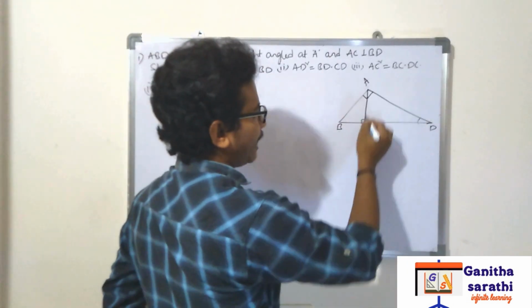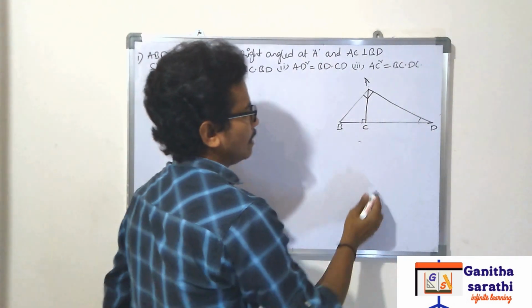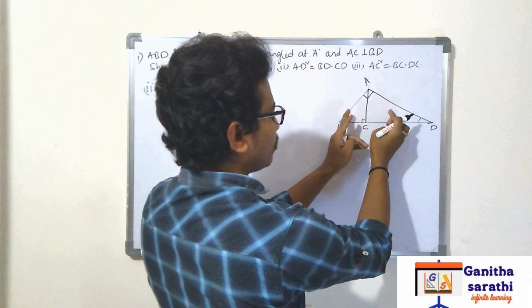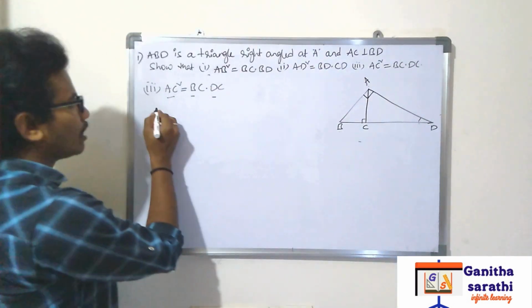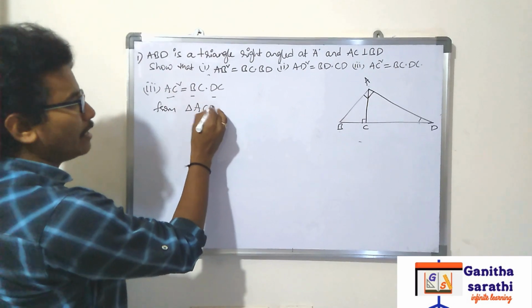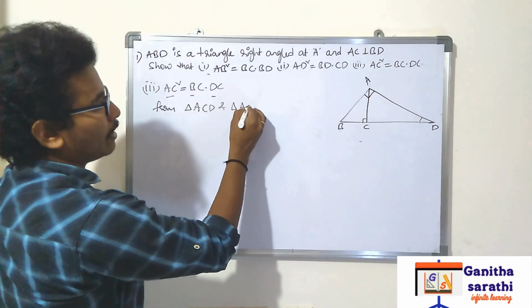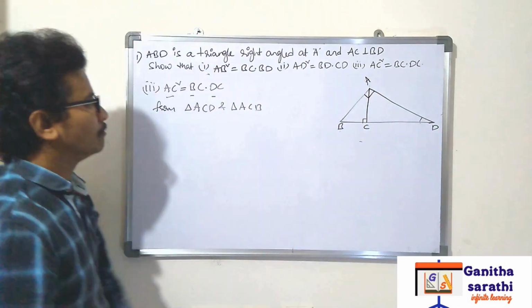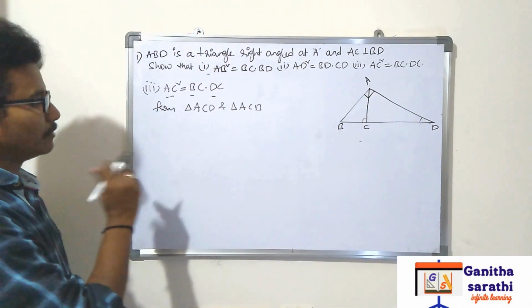BC means this triangle, DC means this triangle. So we should take these two triangles. What are the triangles? From triangle ACD and triangle ACB, right? ACD and ACB.